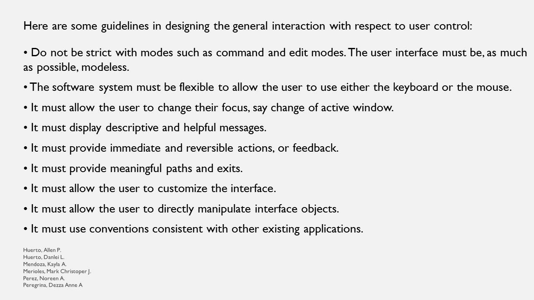It must display descriptive and helpful messages. It must provide immediate and reversible actions or feedback. It must provide meaningful paths and exits. It is very important that it displays or provides meaningful, descriptive, and helpful messages. Because, right, sometimes we press or click actions and we do not know what that was or what we clicked. That is why those helpful messages, like the letter I inside a circle that we see, for example, are the helpful messages or warnings that help us know what we pressed as actions in the user interface of the software system.